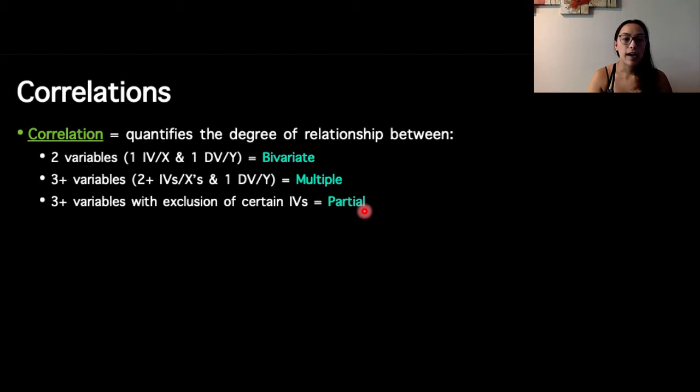So we're looking at how do different components in our analysis, usually the independent variables, how do all of those contribute to a dependent variable? And what is the degree of contribution that each of those independent variables contributes to the outcome of the dependent variable? So that's kind of the goal of a partial correlation, is you're looking at relationships between variables while excluding other variables.